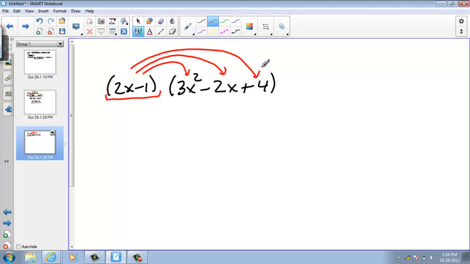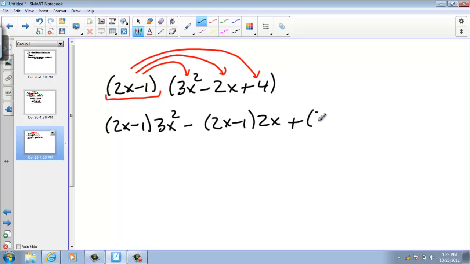And when we do that, just like in the previous example, I'll have (2x minus 1) times 3x squared, minus (2x minus 1) times 2x, plus (2x minus 1) times 4.